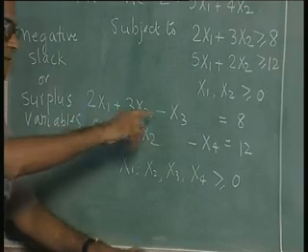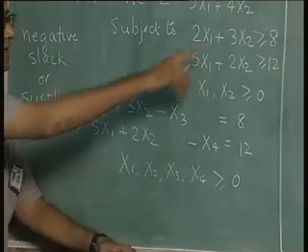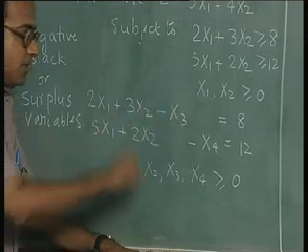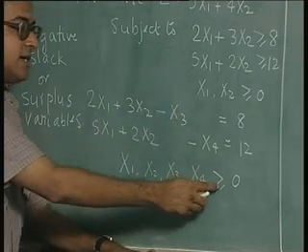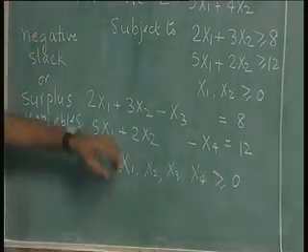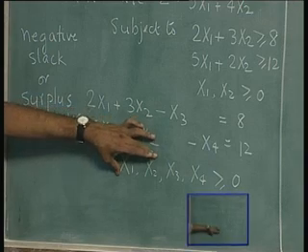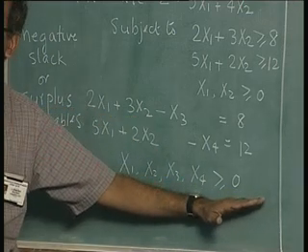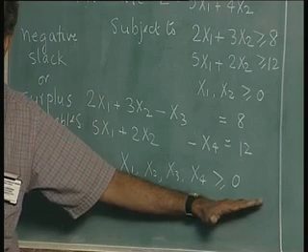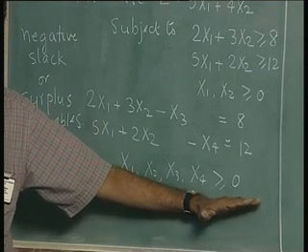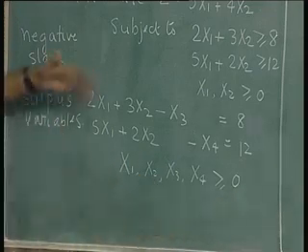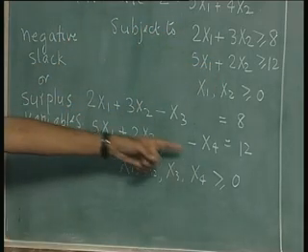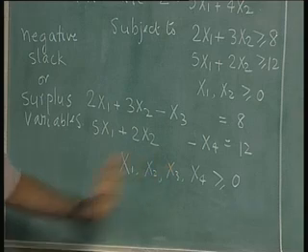The fact that we have introduced negative slack variables to convert a greater than or equal to inequality into an equation also makes these negative slack variables greater than or equal to 0, in addition to the explicit condition that the decision variables should be non-negative. So we stick to the fact that all variables in the simplex algorithm will have to be strictly non-negative, whether they are decision variables x1, x2 or slack variables x3, x4, negative slack in this case.